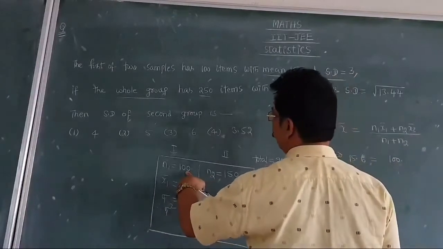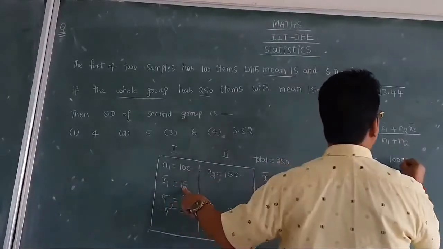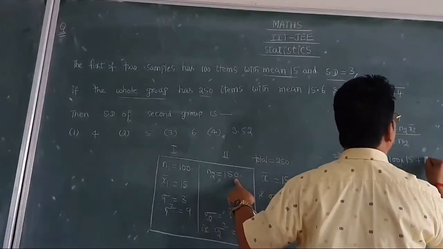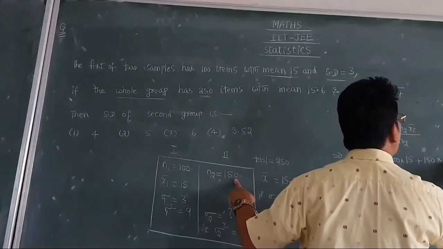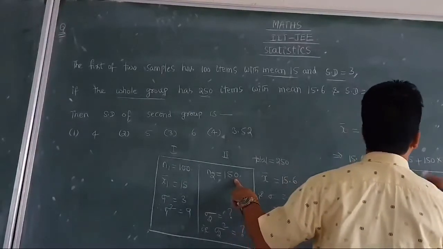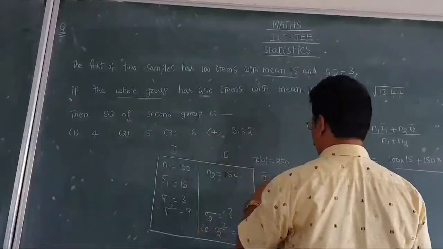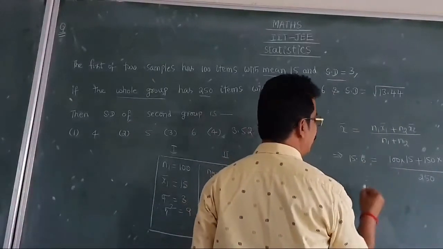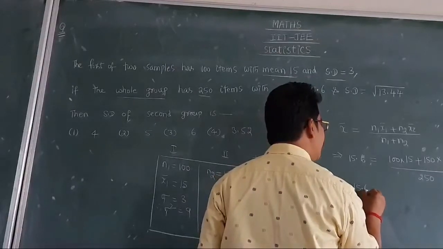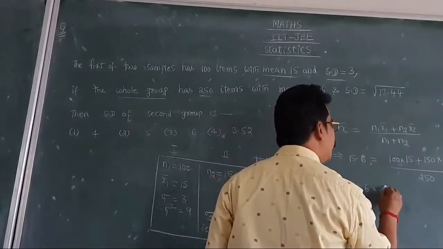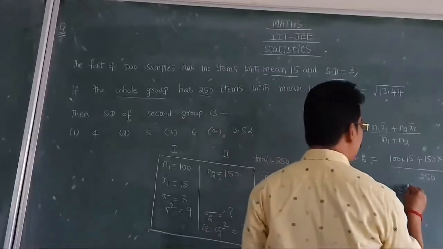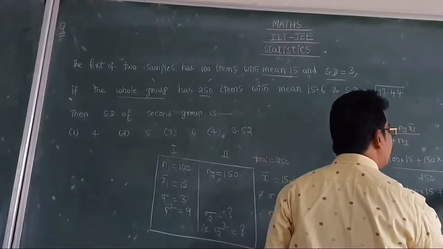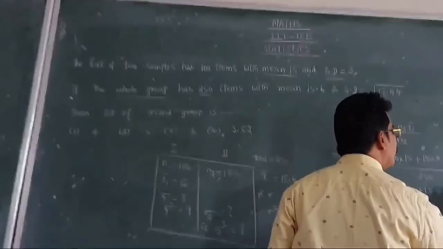100 into x1 bar, 15, plus n2 150 into x2 bar, whole divided by 250, total 250. So by cross multiplication, 15.6 into 250 equals 100 into 15 plus 150 into x2 bar.